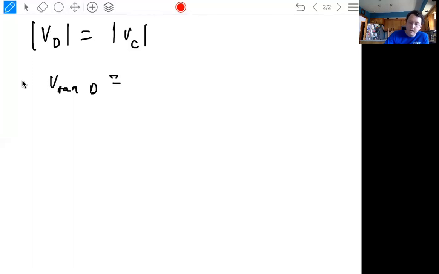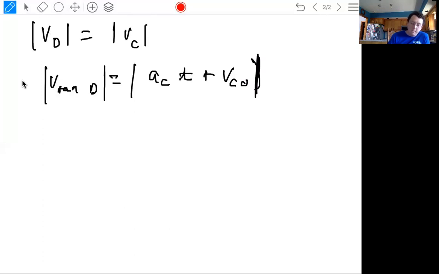Because the acceleration is constant, I can write that, at least as a magnitude, as the absolute value of the acceleration of C times t plus v C initial. That just comes from the kinematic equations we know are true when the acceleration is constant.